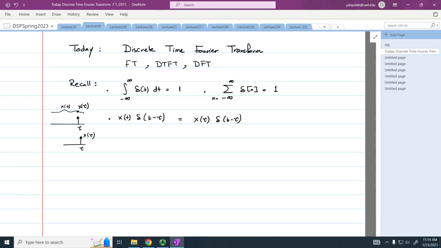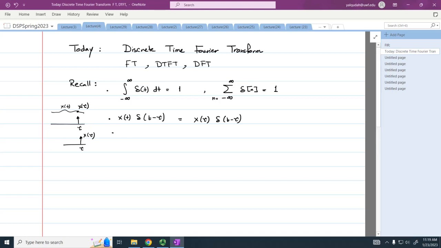Just imagine it's a rectangle. Multiply it by this, the magnitude is just scaled by x of tau, and the impulse is still at tau. Good? If anything is confusing, tell me. We'll do it again till you feel like, okay, I see it.